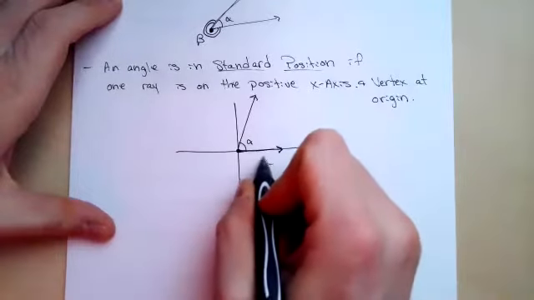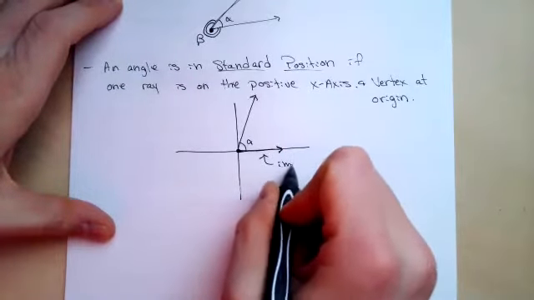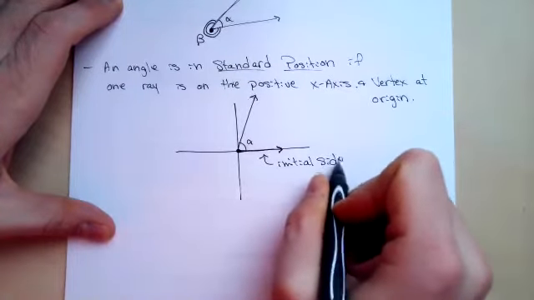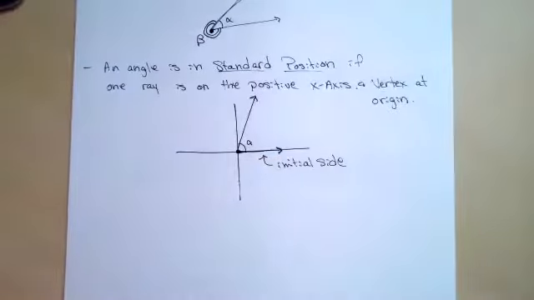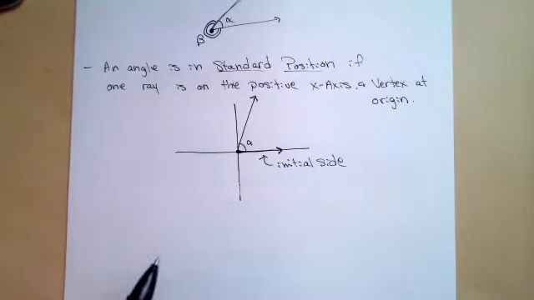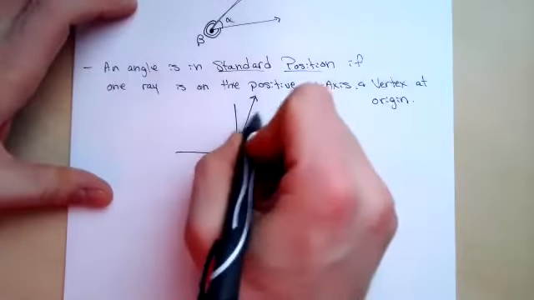We call the x-axis the initial side. And the side that we actually see, the side that ends up somewhere in the Cartesian plane, we call the terminal side.